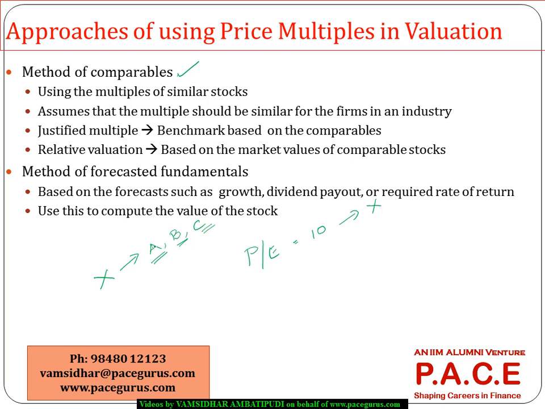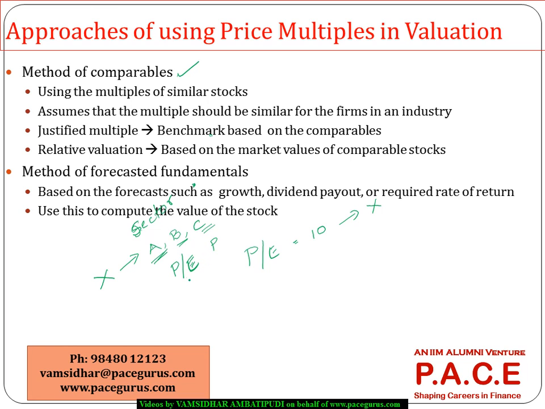So you take those securities, or probably the industry index. If X is a bank, then the banking index. If X is in the automobile industry, then probably the automobile index. Like that, the industry sector-specific index. In any such scenario, you take all those companies and find out the multiple of each of those companies.